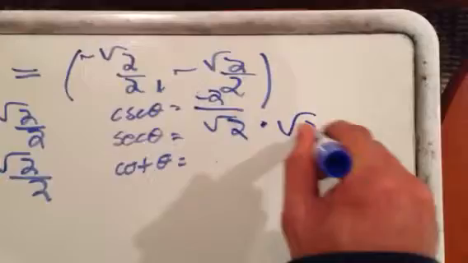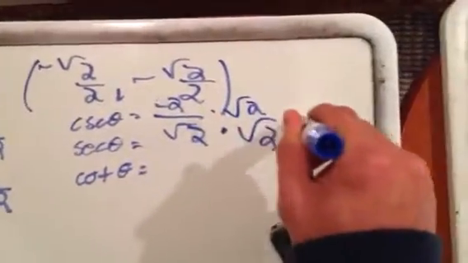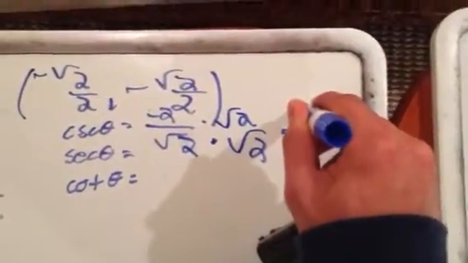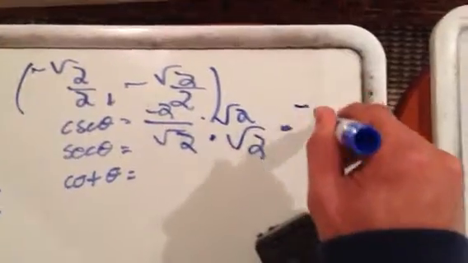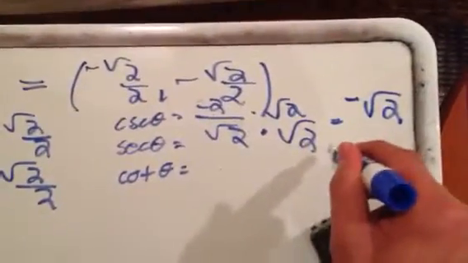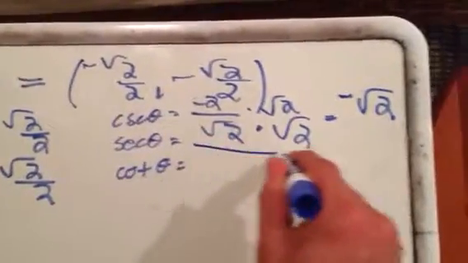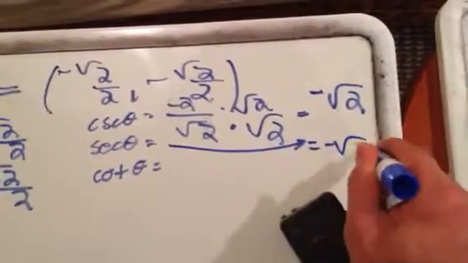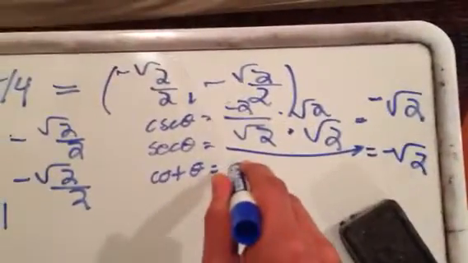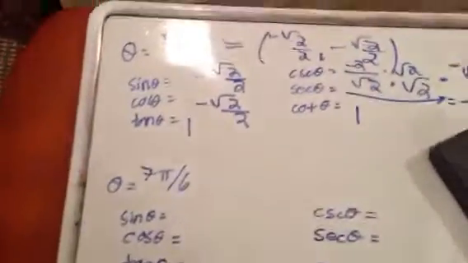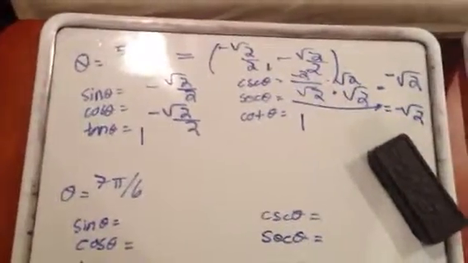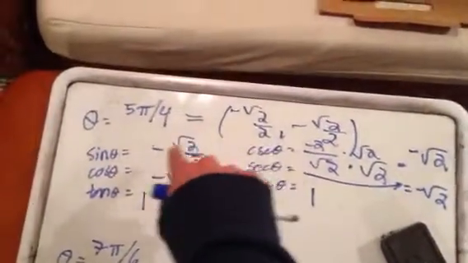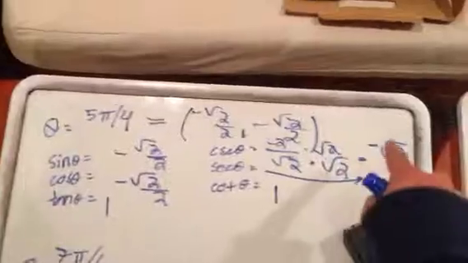So we multiply this by radical 2, this by radical 2, so this is negative 2 root 2 over 2, which simplifies this to root 2. And since this is the same coordinate here, the secant of the angle is also negative root 2. And the cotangent is still 1, because 1 over tangent, 1 over 1 is still 1. So there are your 6 trigonometric functions right there.